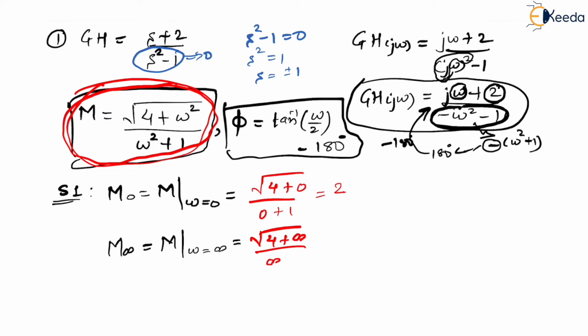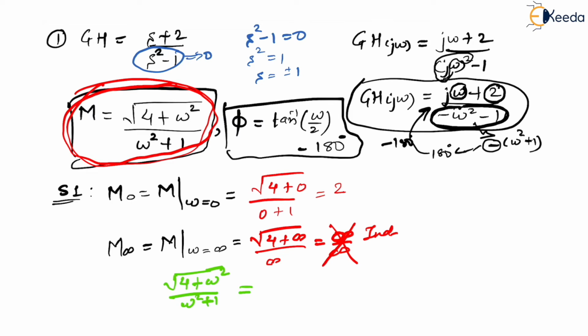So in such cases, what are we supposed to do? We are supposed to take omega common, taking omega outside. So it becomes 4 plus omega squared divided by omega squared plus 1.